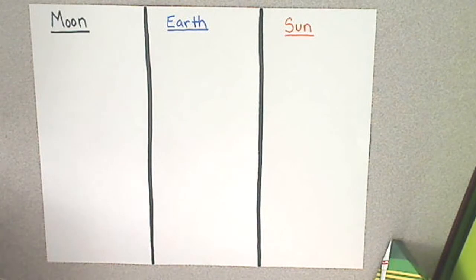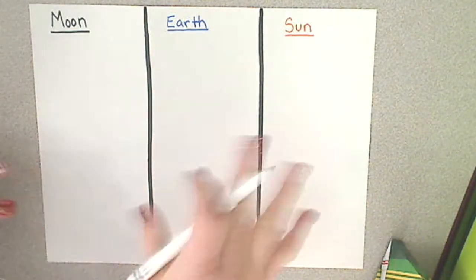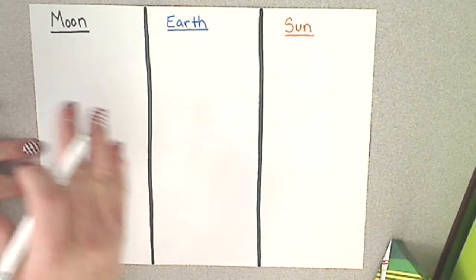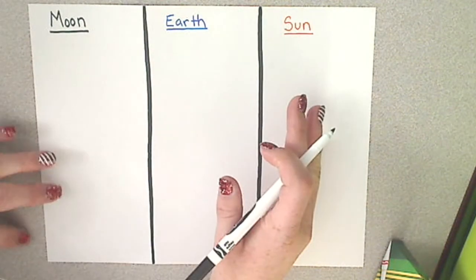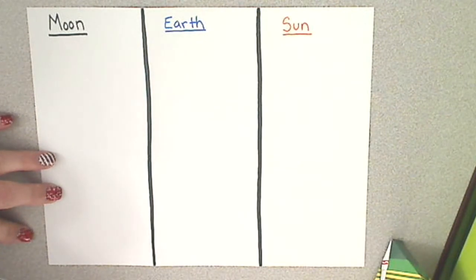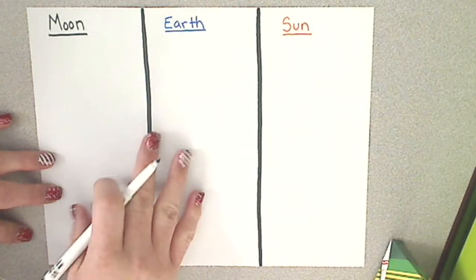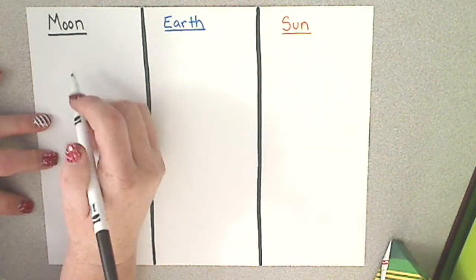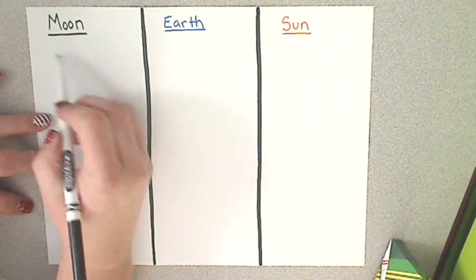Now, the first thing that we're going to look at is size. Of all three, and you'll figure out as we go that I've put these in order on our 3-column notes for a specific reason based on comparisons of them. So let's talk about the moon.